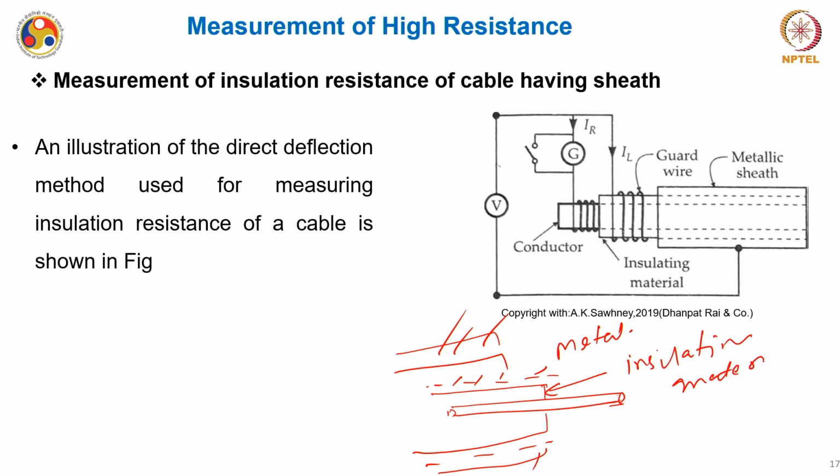Say, the jacket of the wire, or the conductor. All right, jacket of the conductor. And you have this galvanometer and voltmeter connected like this. You can see this particular figure.